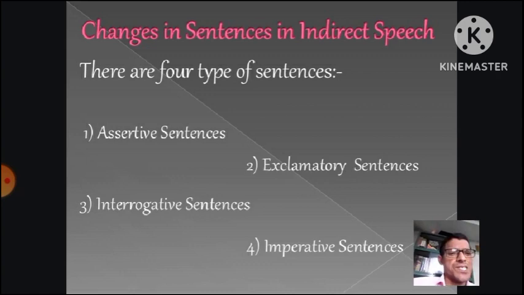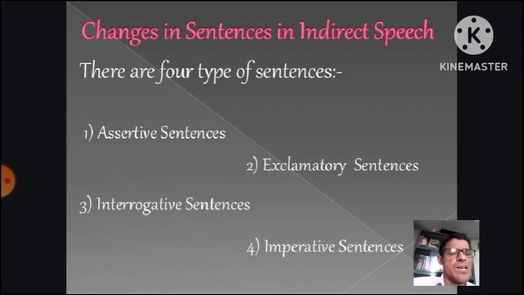With assertive sentence, one type of rule is used, one type of thing you have to do which is not applied in another type of sentence, that is exclamatory sentence. So exclamatory sentence requires another type of rule.